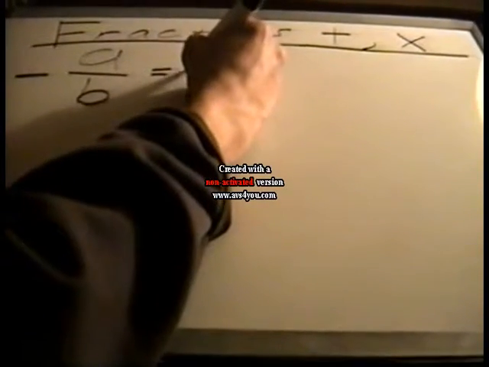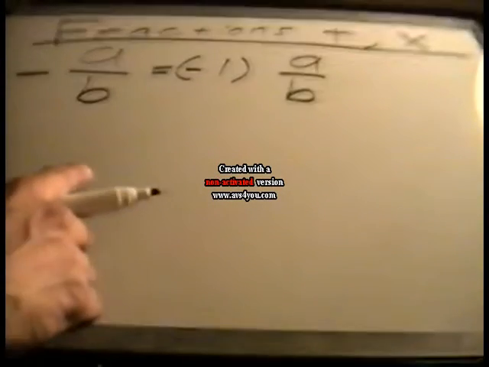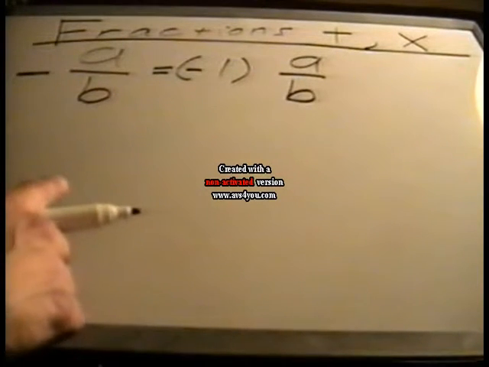So is 2 a factor of 7? No, it is not. So we would not multiply 2 by 7 just by itself to find the lowest common denominator.